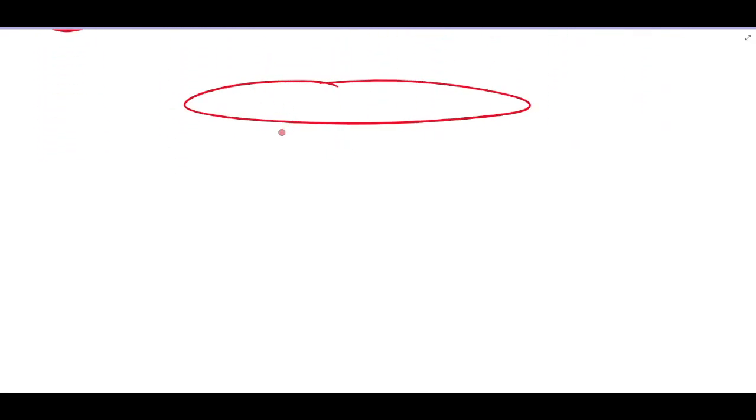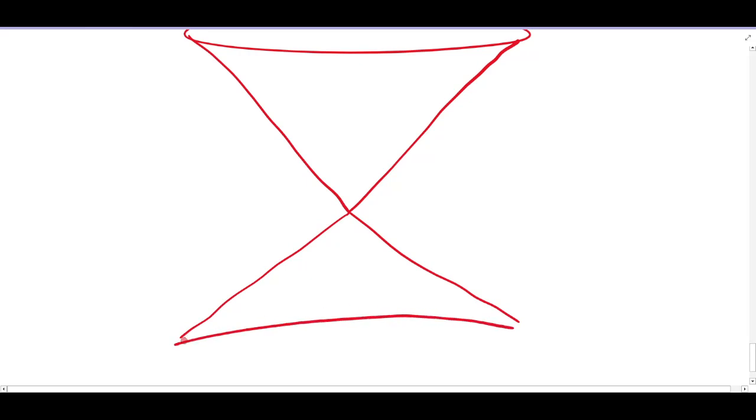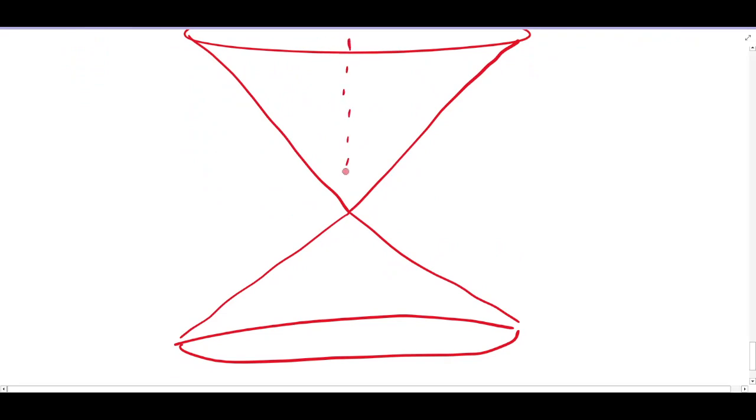So this is the vertical axis of the cone, and when beta is alpha, the angle of the plane will be equal to alpha, so it will cut the above cone at an angle alpha.